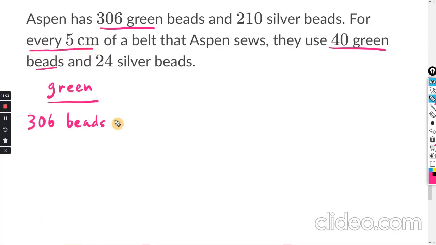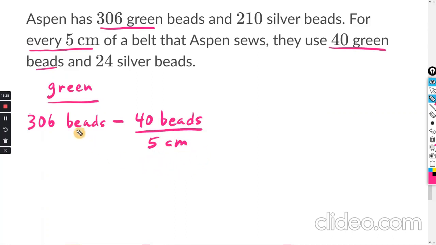So he's going to subtract 40 beads per 5 centimeters. Whenever you hear the word per, it's almost always dividing. So it's 40 beads per 5 centimeters.